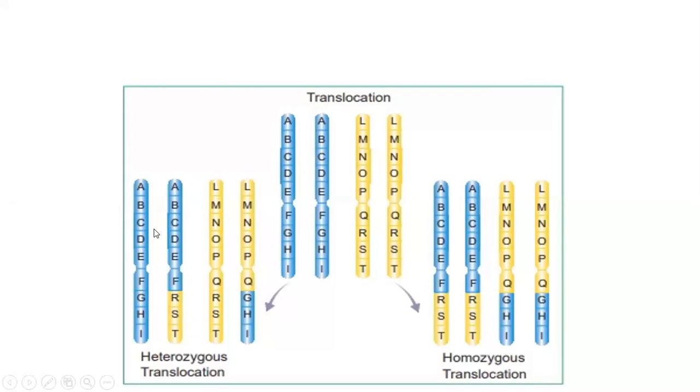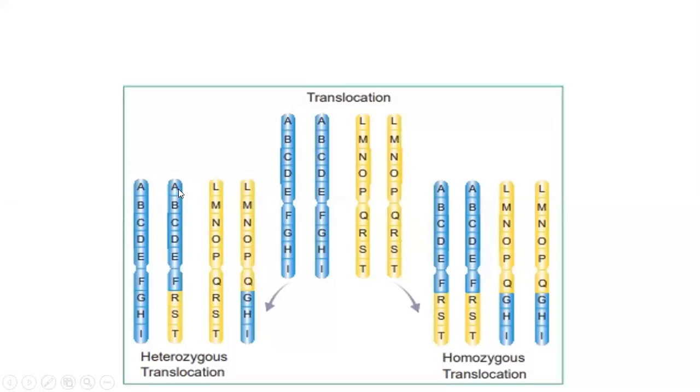As a result of heterozygous translocation, you get four chromosomes which are different. You can see one is complete blue, one is complete yellow. These have not taken part in translocation.